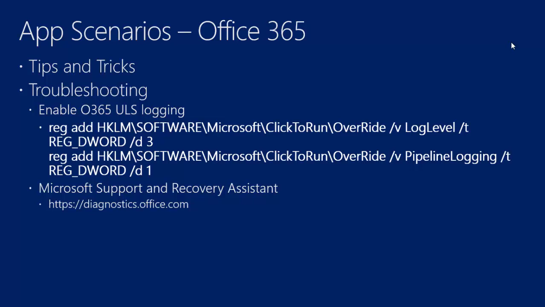There's actually more that ULS logging will give you besides troubleshooting installation, but specifically for installation and for patching, if you need additional detail beyond what's provided by Office itself, then you can add these registry keys that you see on the screen and be able to get that detail.